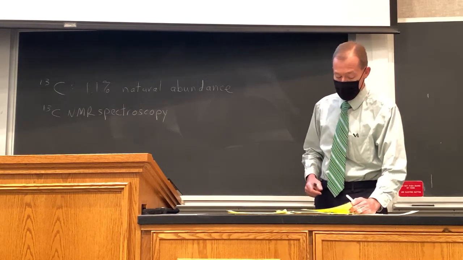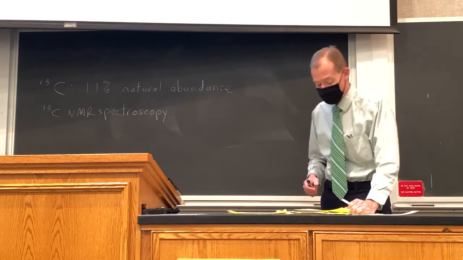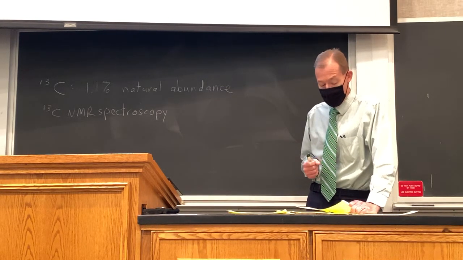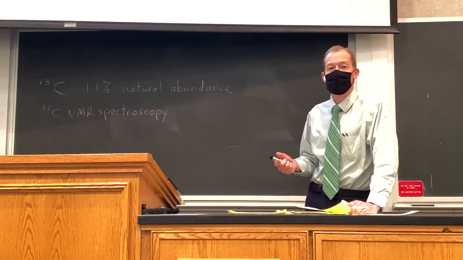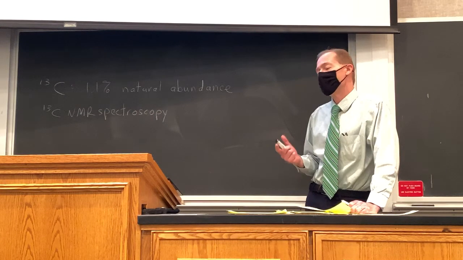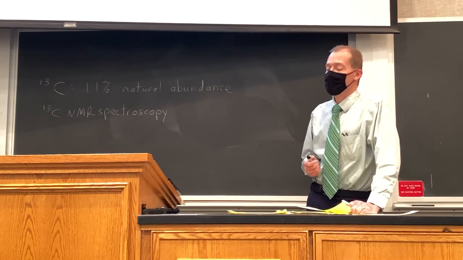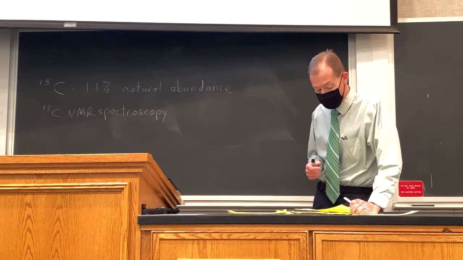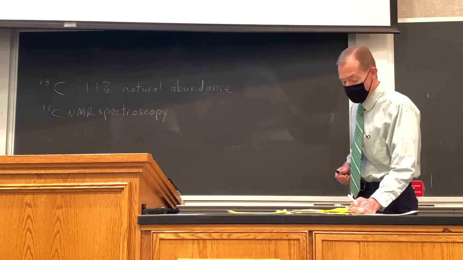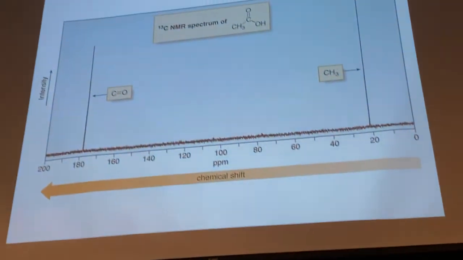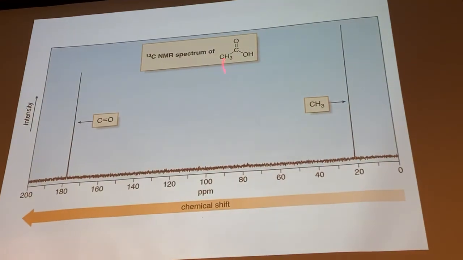So the signals are not as strong, and in order to record the spectrum, we have to do several scans of our sample, and we have to use a mathematical technique known as Fourier transform to add those scans together in order to get a spectrum that we can see. So we have here on the screen an example of a C13 spectrum. This is the spectrum of acetic acid, a simple compound.